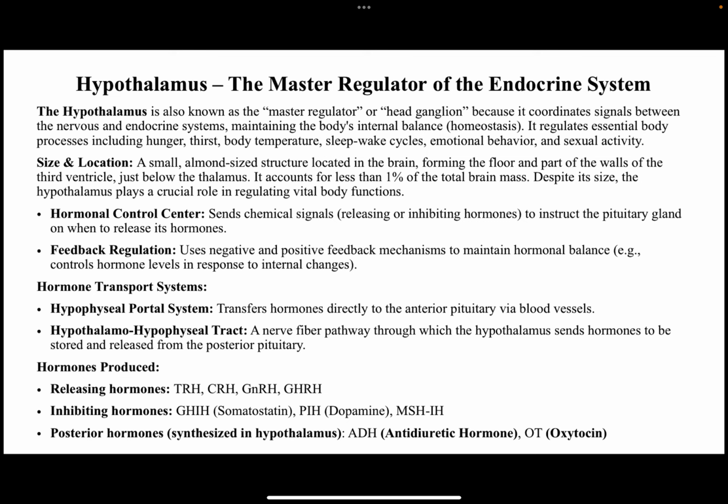But the anterior pituitary gland produces its own hormones. It's the posterior pituitary that does not produce hormones, but stores hormones produced in the hypothalamus. How? There is a nerve fiber connecting the hypothalamus directly to the posterior pituitary.